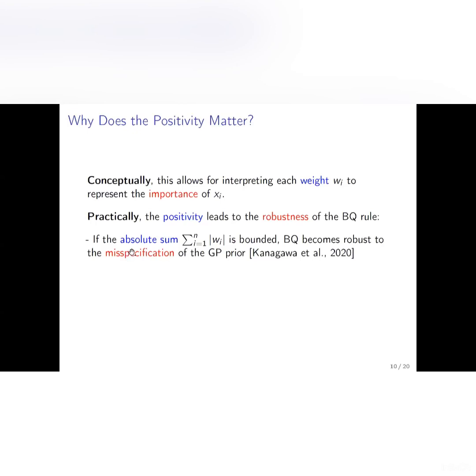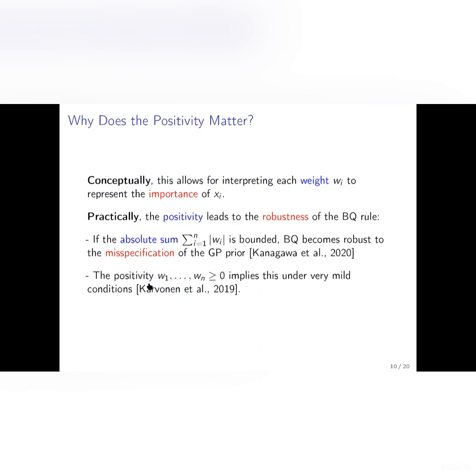And so there are a few studies that relate the absolute sum of the weights to the robustness of the Bayesian quadrature rule. In summary, if this absolute sum is bounded, so if you increase the number of design points n but this is still bounded, then you can show that your Bayesian quadrature rule can still give you a correct or good answer.